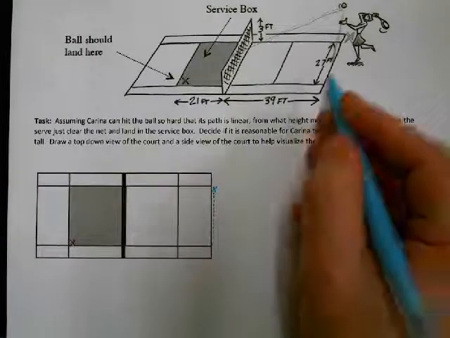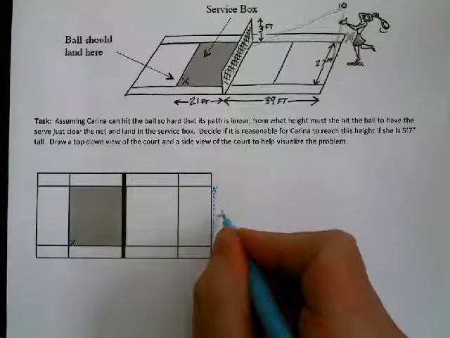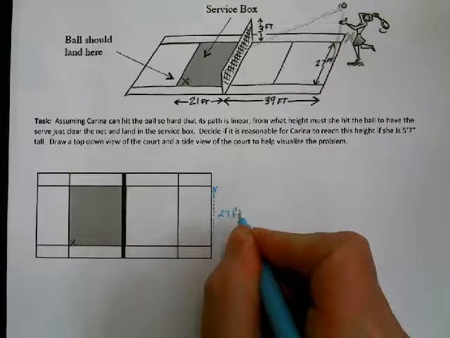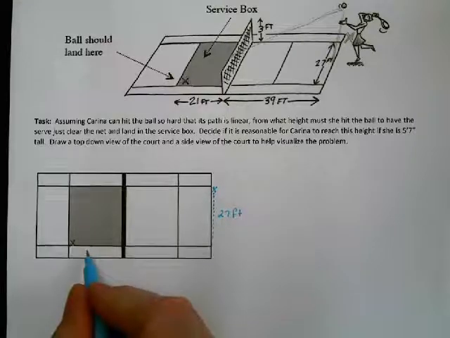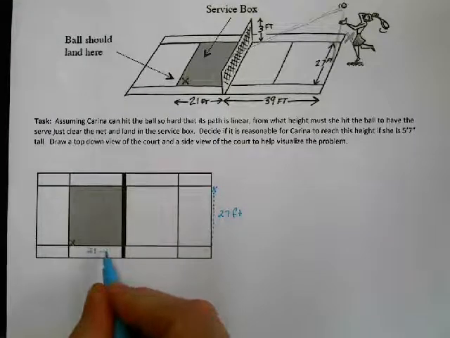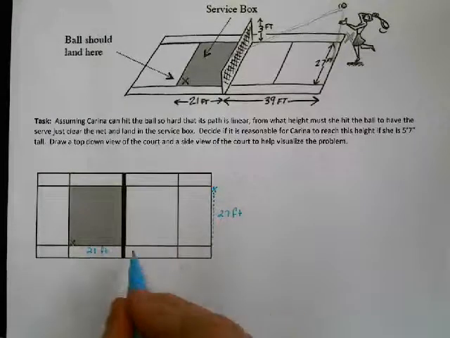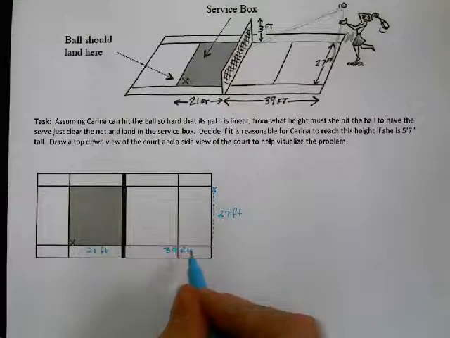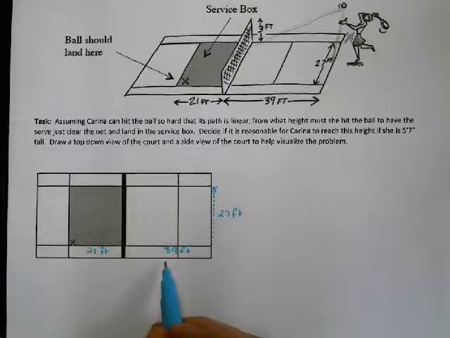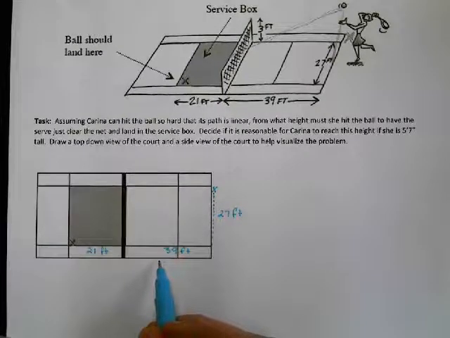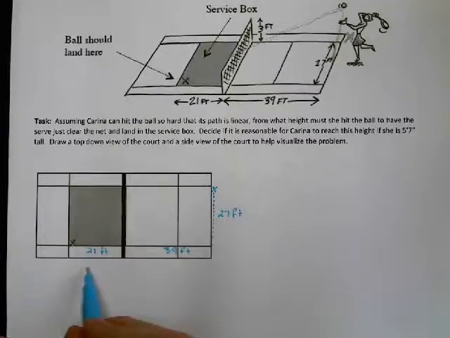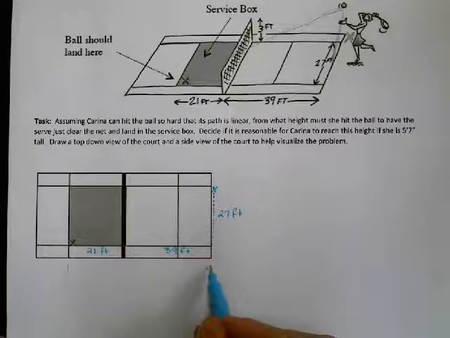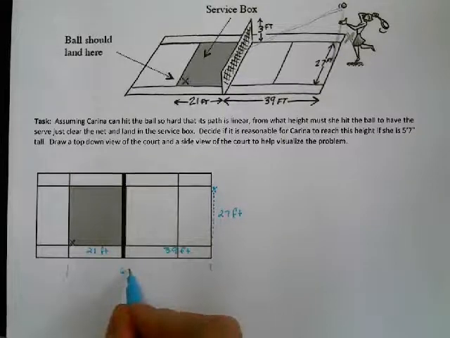From here to here, it says this is 27 feet. Then this part here is 21 feet, and this whole part here is 39 feet. So that's a total of 60 feet from here to here.